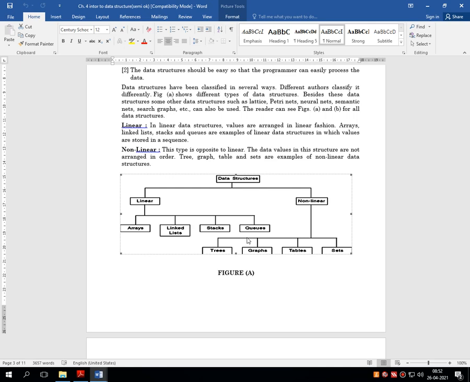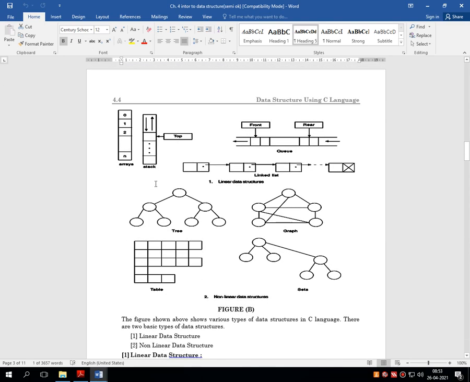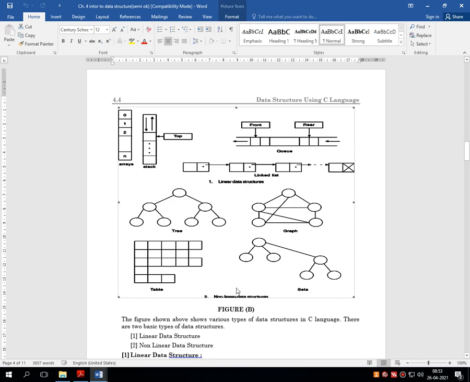And whenever the data is arranged in a graphical format, that means in the format of tree, graph, table or set, that type of data structure is called non-linear data structure. So this is a graphical difference which separates linear from non-linear data structure.